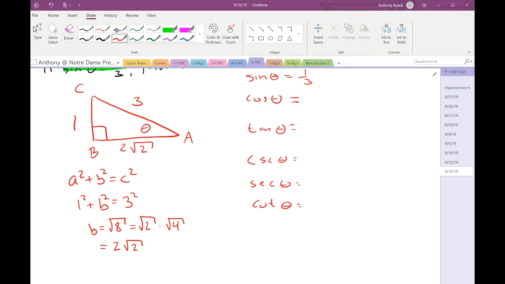Adjacent over hypotenuse. So in this case specifically, it's going to be 2 square root 2 over 3. Is that okay with you guys? Okay. How about for tangent?